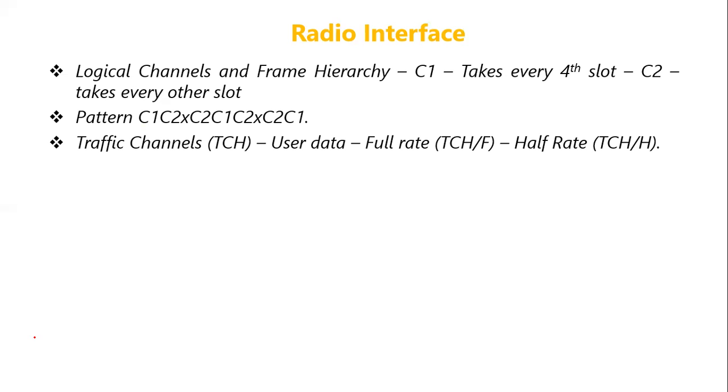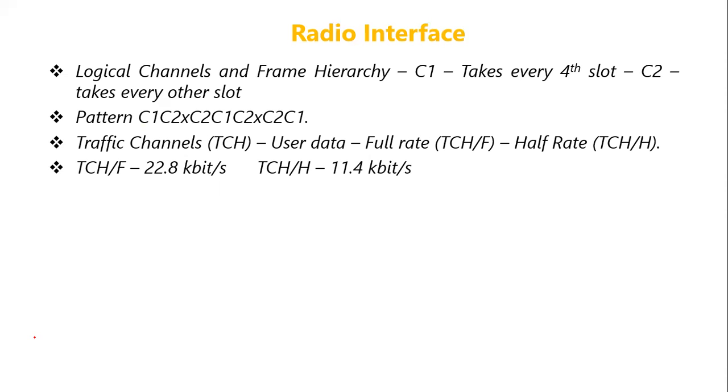The full rate traffic channel has a data rate of 22.8 kilobits per second, and the half rate traffic channel has a data rate of 11.4 kilobits per second. Okay.